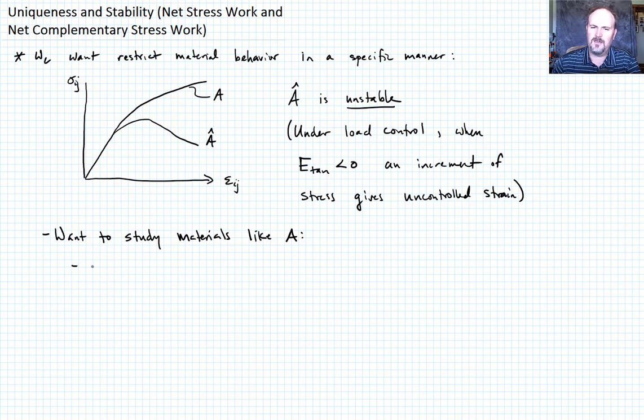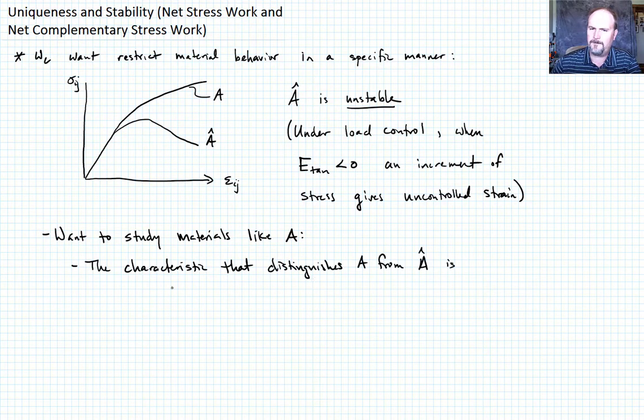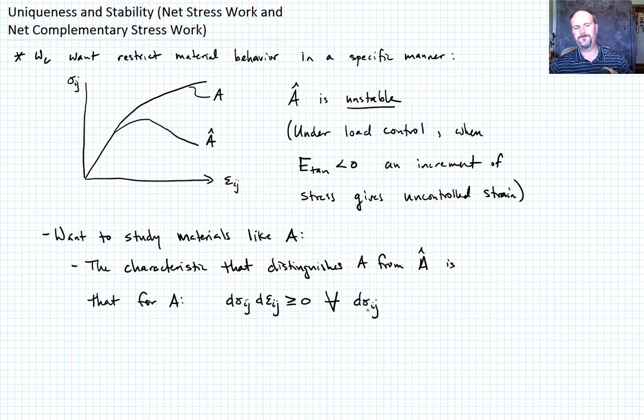And so we'll say that the characteristic that distinguishes the difference is that for A, we can write that d sigma ij, the increment in stress, times d epsilon ij, the corresponding increment in strain, is greater than or equal to 0 for all d sigma ij increments in stress.